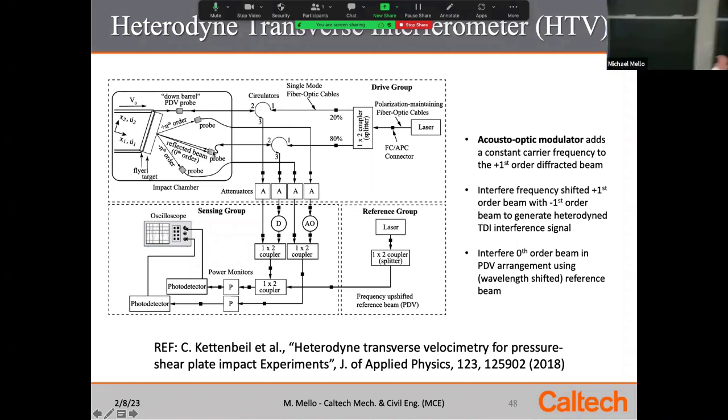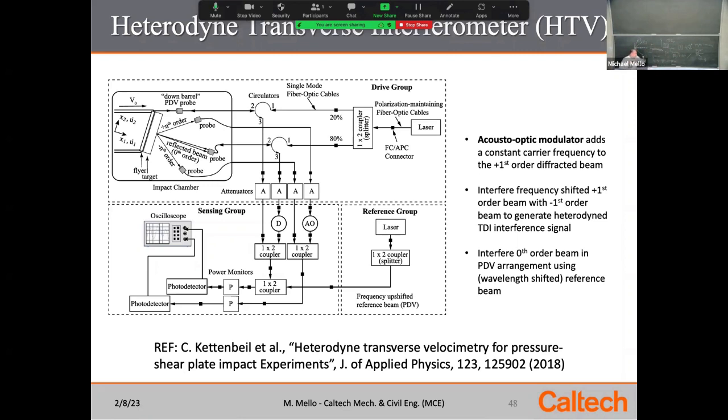And by the way, I didn't say this, but this probe still collects the 0th order beam and gives you your normal motion simultaneously. So in this experiment, you've got one channel on the oscilloscope which is giving you the TDI, the transverse displacement signal. And then on another channel of the oscilloscope, you've mixed this one in the classic way, the normal displacement way, okay?